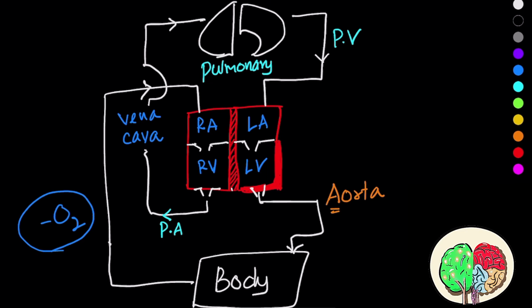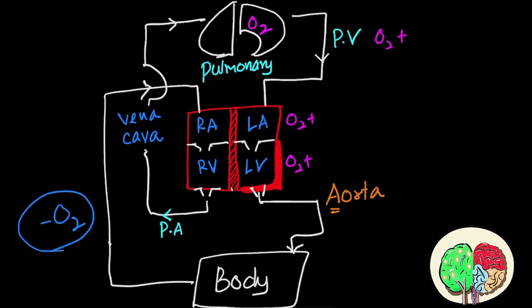Oxygen is exchanged right here in the lungs. So the pulmonary vein will contain oxygenated blood. The left atrium, oxygenated blood; left ventricle, oxygenated blood; and the aorta, oxygenated blood. And then in the body, the oxygen will be used up.